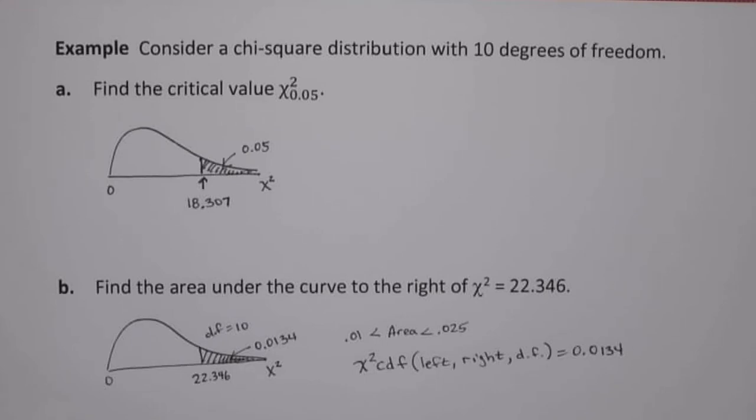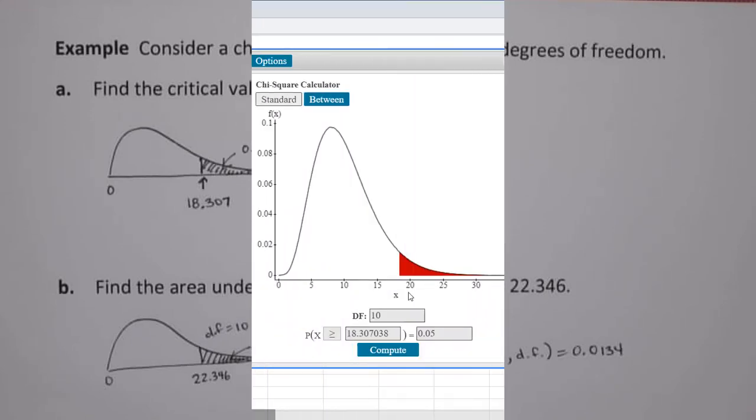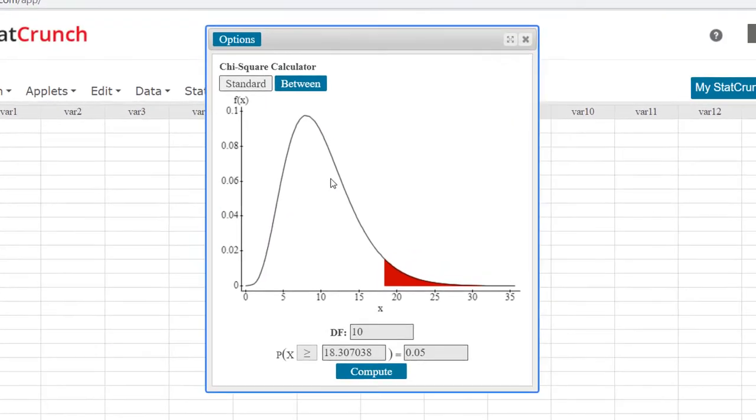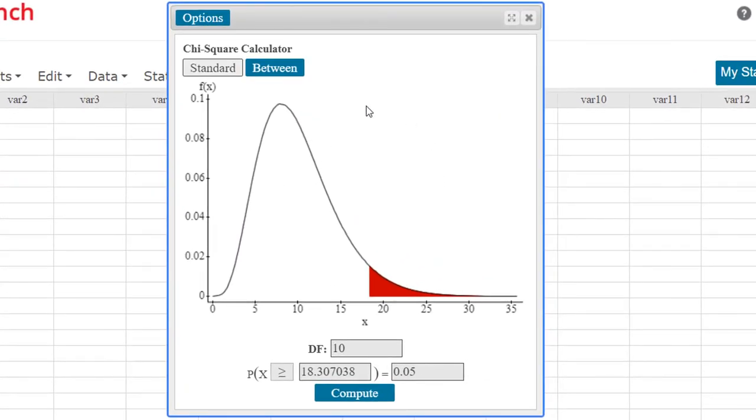Now we could also use our chi-square calculator in StatCrunch to figure out this value. Here in the chi-square calculator, I already have the degrees of freedom entered, and I want the area to the right of 22.346. Because I want the area to the right, I choose greater than, which we already have selected.